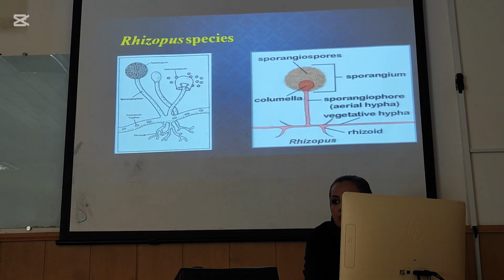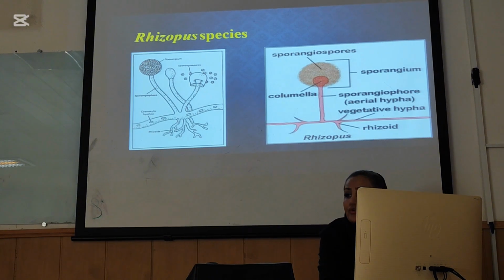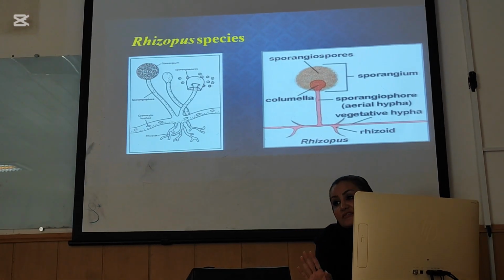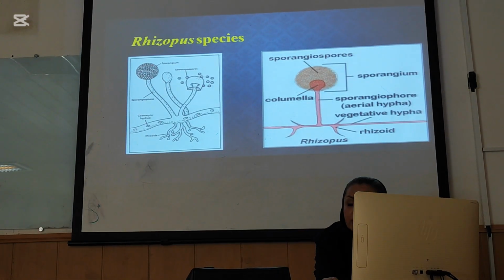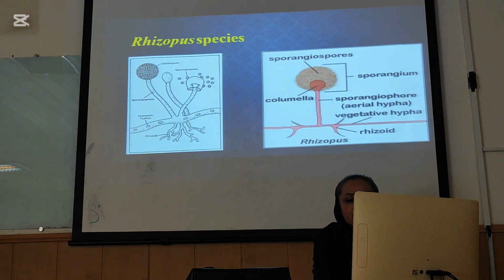Mucor and rhizopus are fungi that have no separate hypha, and instead of a conidiophore, we have a sporangiophore. At the top of the sporangiophore, instead of a vesicle, we have a columella. And around the columella, we have a sac that we call the sporangium. In the sporangium, we have several conidia that are named sporangiospores.